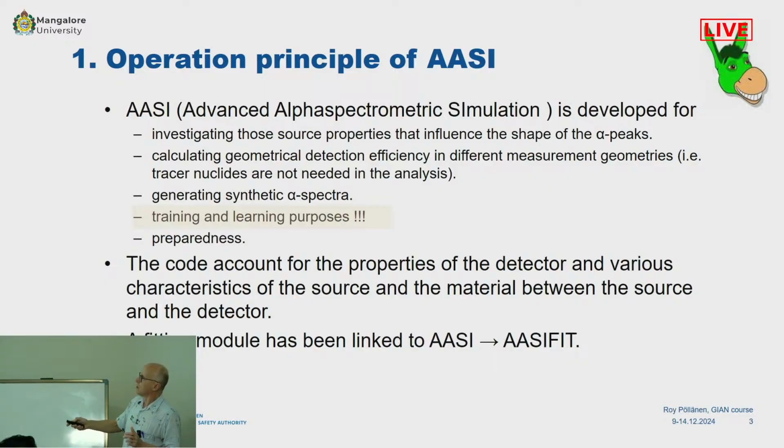So you can calculate easily geometrical detection efficiency in different measurement geometries. You can easily generate synthetic alpha spectra, and this is the main thing. When you are doing the simulations, which are very easy to do, it's a good way to train or to understand what's happening in alpha spectrometry.